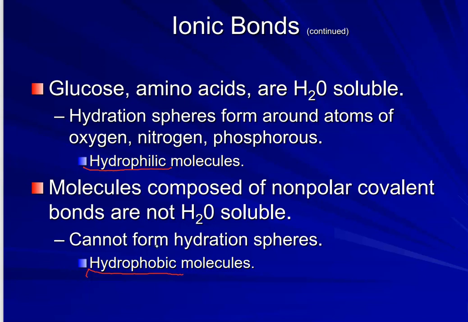And so they have these hydration spheres that form around the atoms or the molecules. And that makes them water soluble, and we call that hydrophilic. That's an important term that you need to know, hydrophilic. Anything that likes to dissolve in water that has either polarity or carries a charge. These are all hydrophilic substances or molecules.